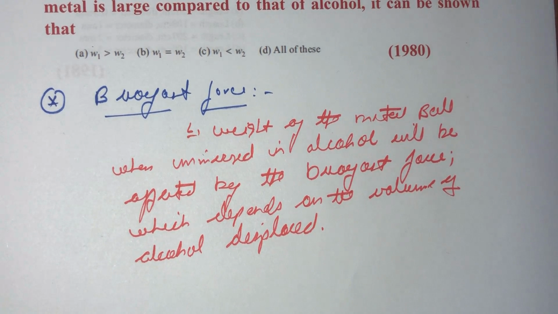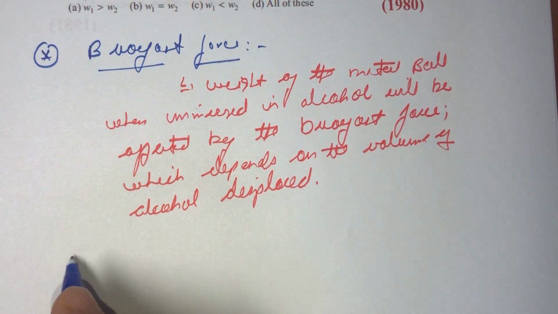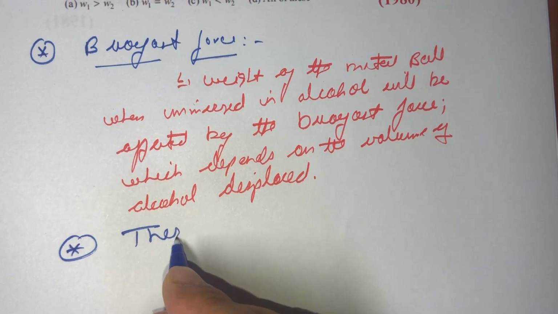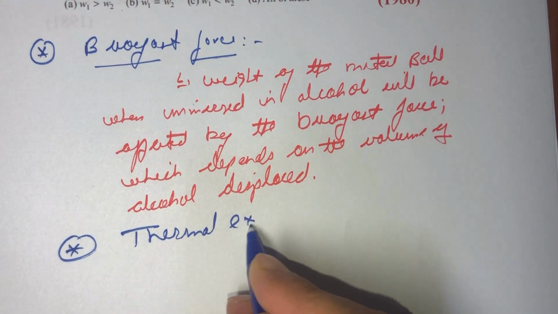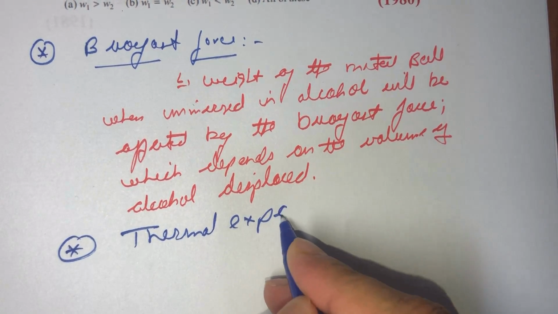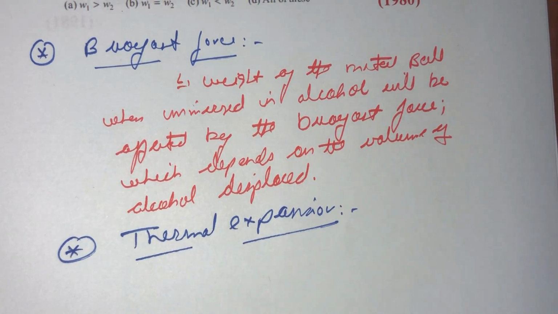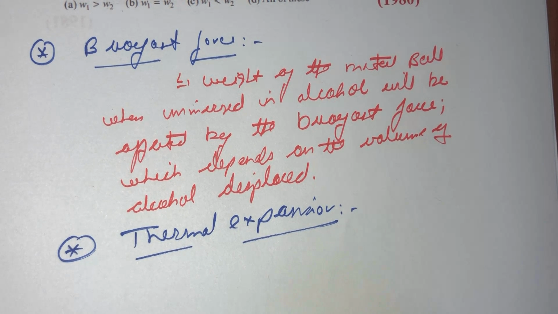Then the second is called thermal expansion. Thermal expansion is nothing but temperature dependent. So both our metal ball as well as alcohol are going to expand when the temperature increases.